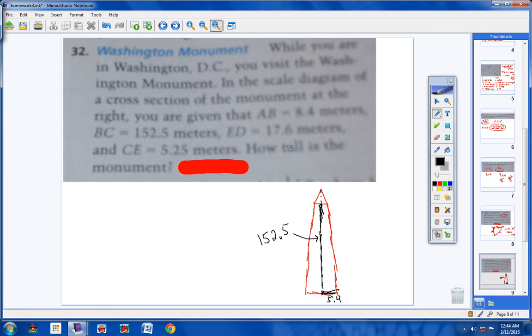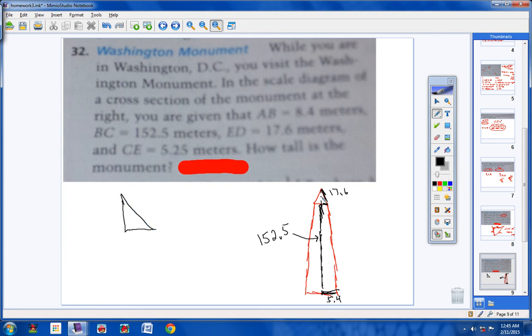Then they tell us that ED is 17.6. Now that's this line right here, this slanted line is 17.6, okay? And then it says CE is 5.25. That's that little sliver right there is 5.25. So I'm going to take this right triangle right here. I'm going to draw it off to the side for you, okay? So watch. Here's the right triangle drawn a lot bigger.